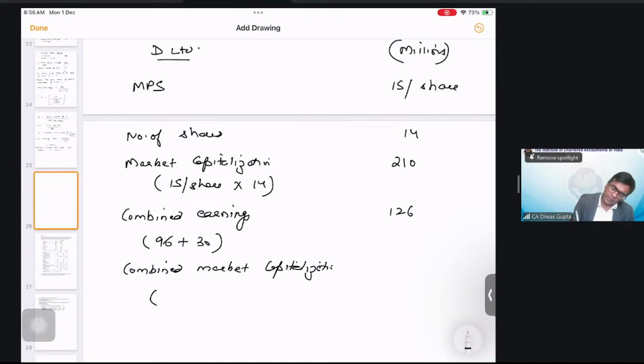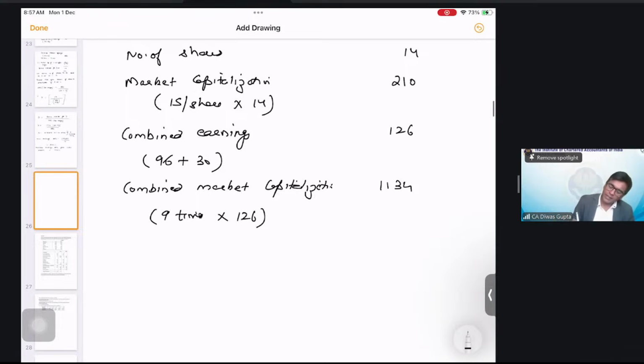Is actually 9 times multiplied by 126. Right? Now the PE ratio, revised PE ratio is 9 times multiplied by 126. So it becomes 1134. Right? So less market cap of D Limited 210.